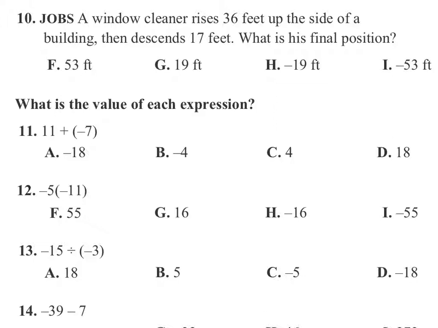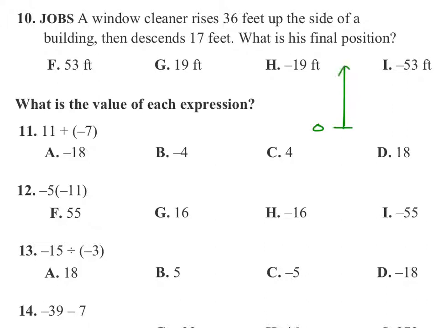Number 10, a window cleaner rises 36 feet up the side of a building. Then he descends 17 feet. What is his final position? Well, I like pictures. I like to draw as well. It's pretty nice. So, if I look at a picture on these, he's going to go from the ground.